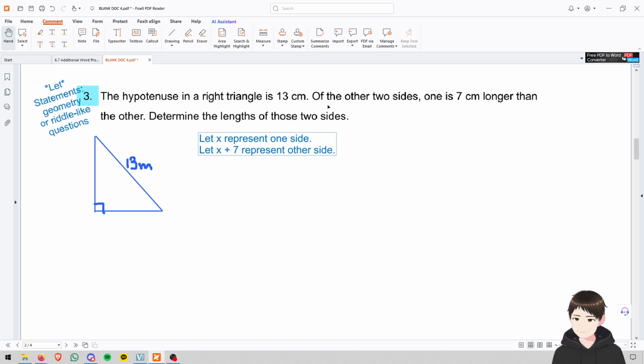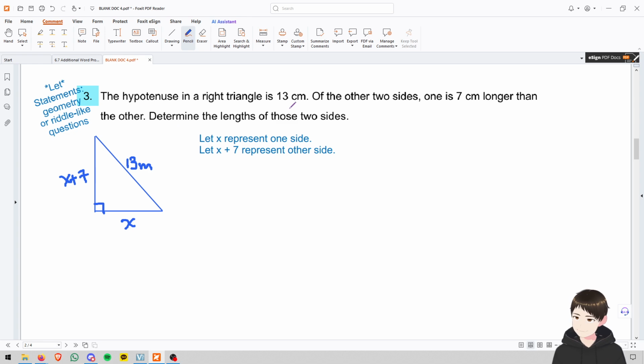Because the difference is 7, you are more than welcome to say it could be x and then x minus 7, so that x is the larger number and x minus 7 is the smaller number. But that is your prerogative. I'm just going to do this because I like addition more. Here we go. X is here, and x plus 7 is going to be there, only because I drew it that way.